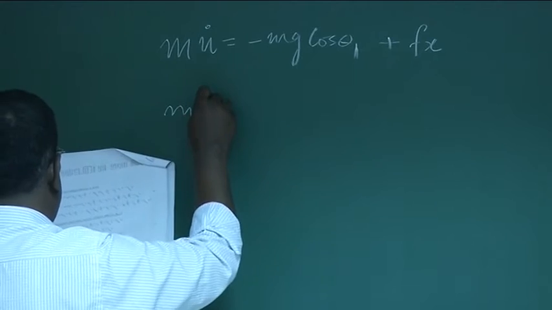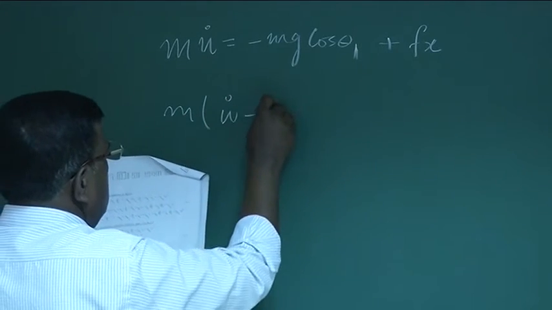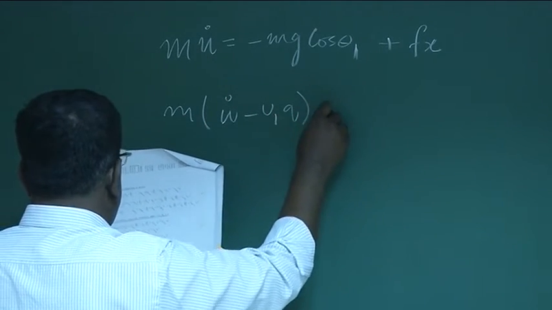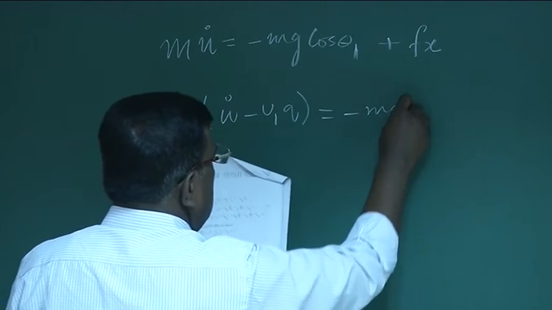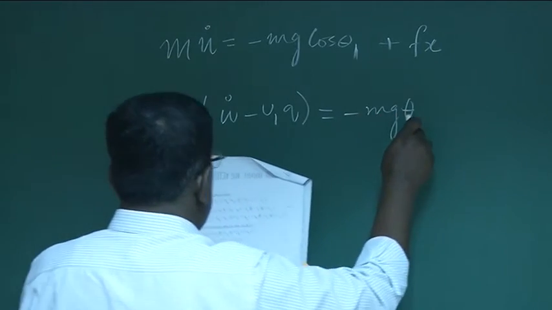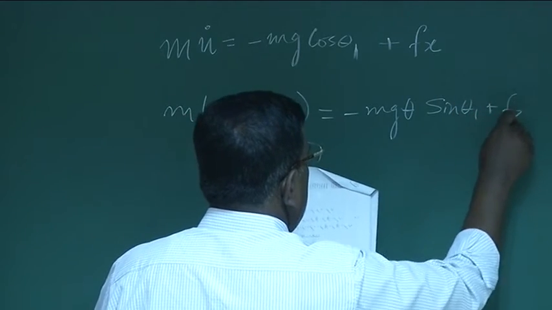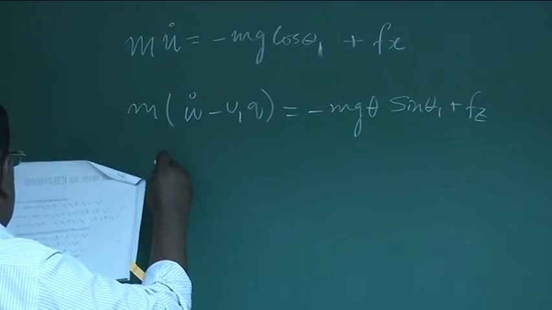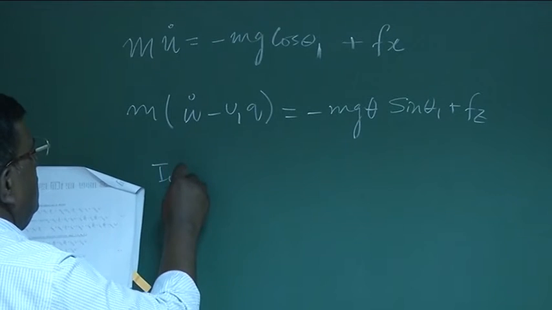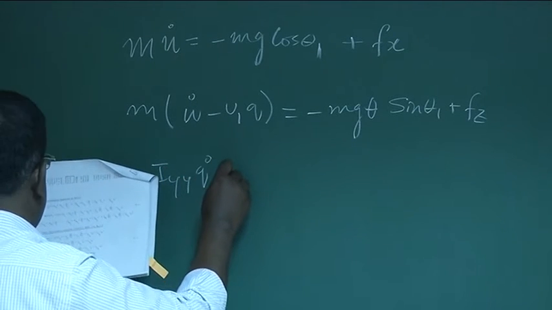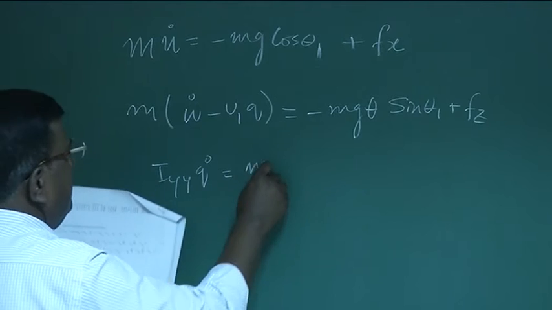Similarly, m (w dot minus u1 q) equals minus m g theta sin theta 1 plus Fz was the second equation, and the pitching moment equation was Iyy q dot equals M.